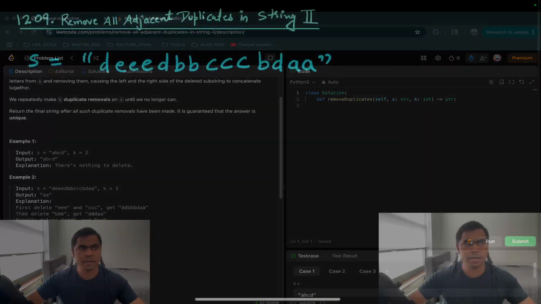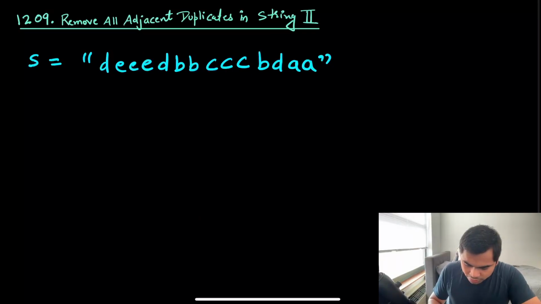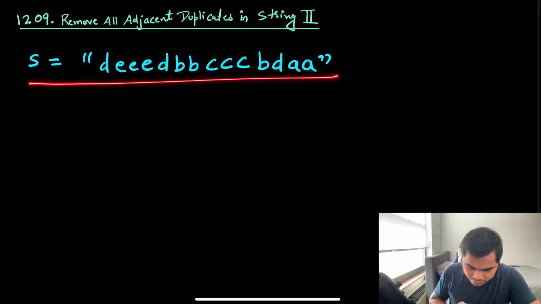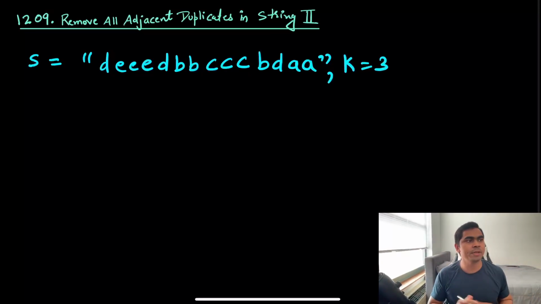Alright, so the problem statement is clear, but let's understand it again in detail. This is the string s that's given to us. Then there is a value of k, which in this example is 3. Now we need to perform k adjacent same letter removals.